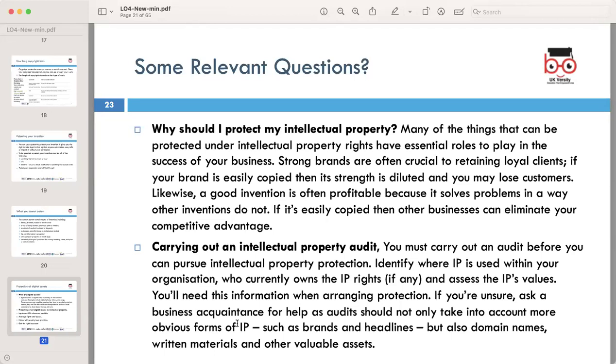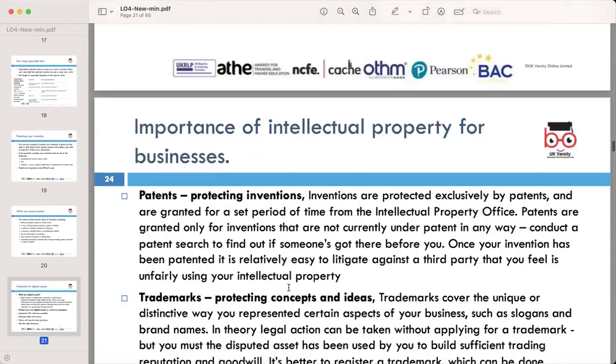An intellectual property audit should encompass various forms of IP, valuable written materials and other valuable assets. Seeking assistance from a business acquaintance is advisable if uncertainties arise during the audit process.